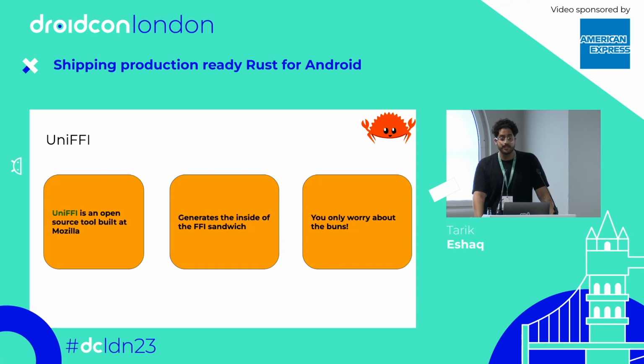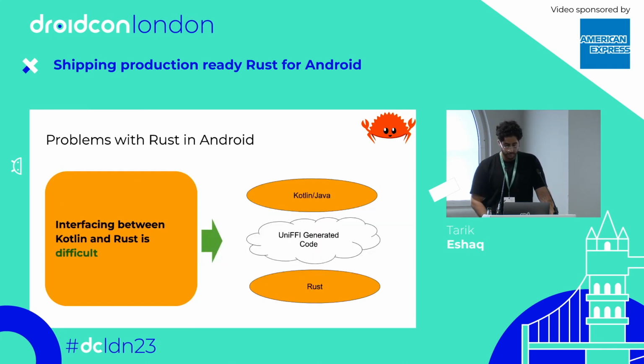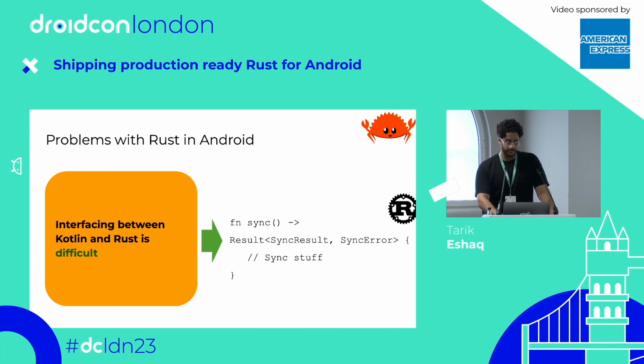So Rust engineers can work at the bottom, Kotlin engineers can work at the top, and you can have the tooling do the things that you can get wrong. That's what tooling is for. So this is the new FFI sandwich, where there's a cloud you don't have to worry too much about.